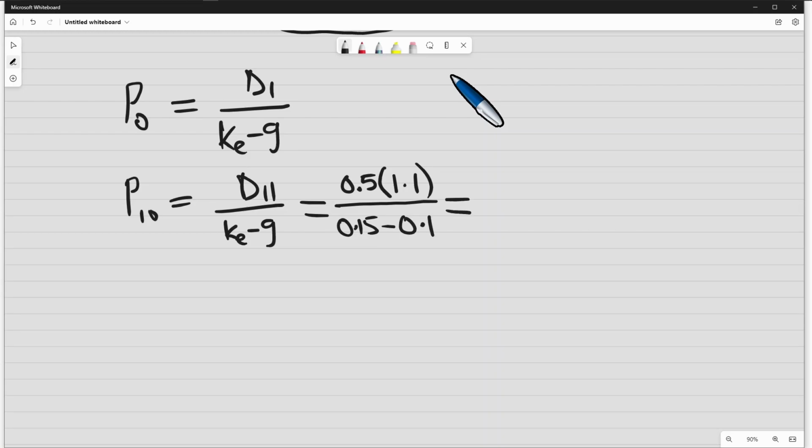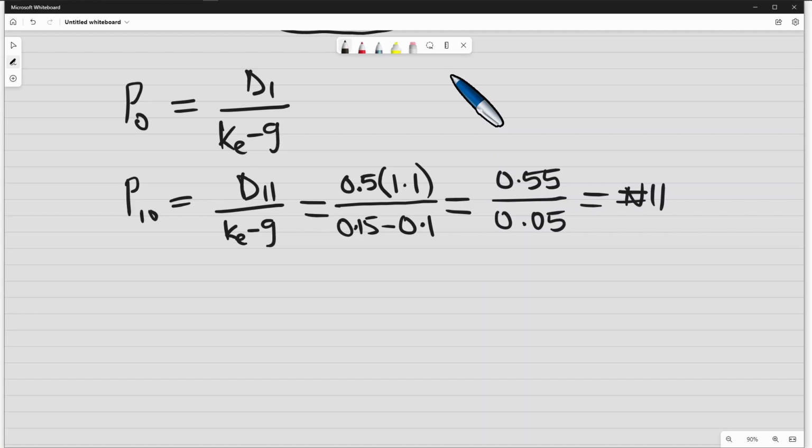So this will give us 0.55 divided by 0.05, and that will give us 11 naira.